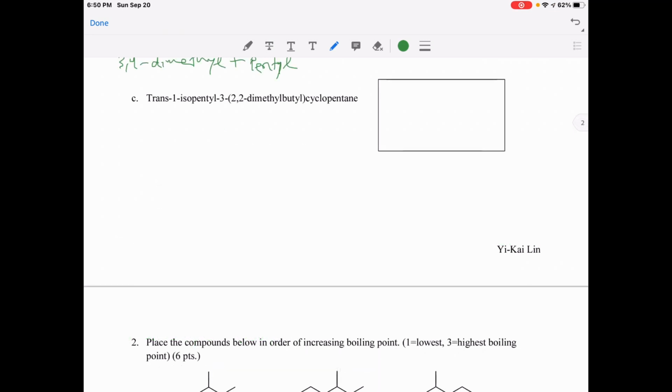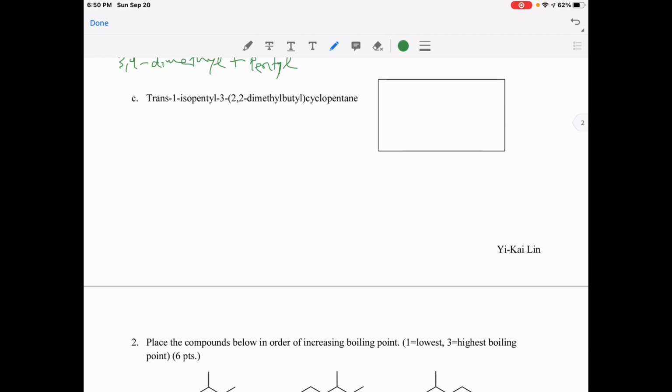For part C, we are asked to draw the structure of the following compound. Before we go any further, we have to break this name down into easier parts that we can process, and then we can finally draw the structure.